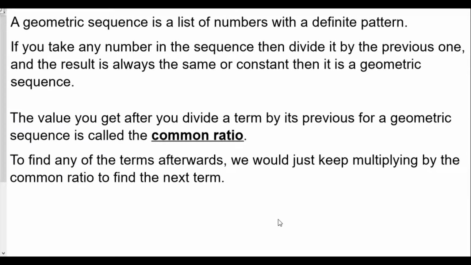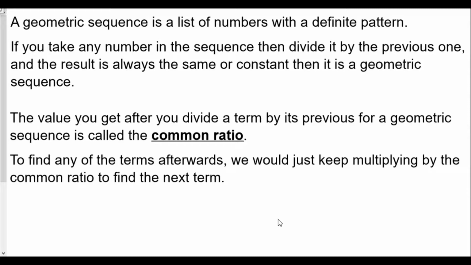The value you get after you divide a term by its previous term in a geometric sequence is called the common ratio, because we divide one term by another, so you're really getting a ratio. To find any terms afterwards, we just keep multiplying by the common ratio to find the next term.